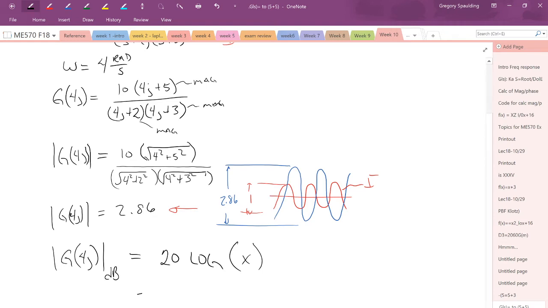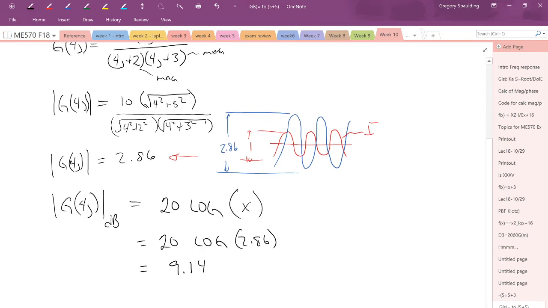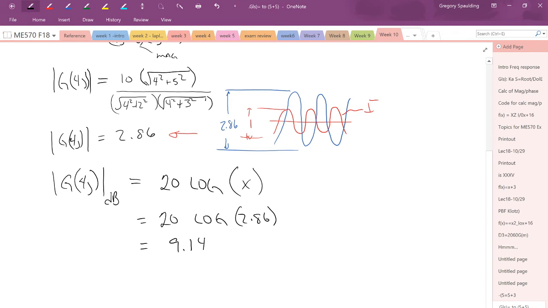And so in our case, it's going to be 20 log of 2.86, and that equals 9.14. So this would be the magnitude ratio in dB.